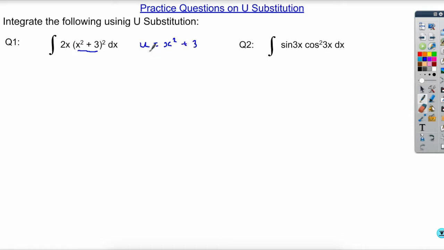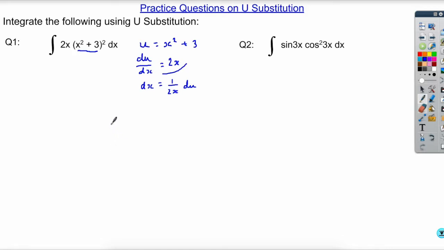I now need to differentiate this expression, so du dx is just going to equal 2x. Now I'm going to make dx the subject, so take the dx up to here and divide by the 2x, so I end up with dx equals 1 over 2x du.